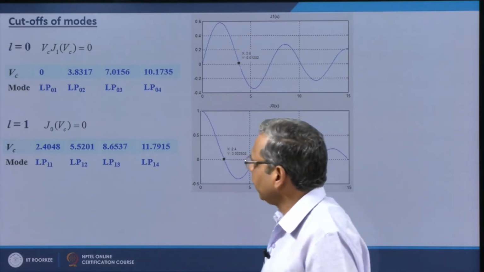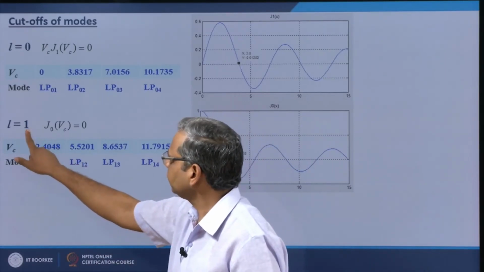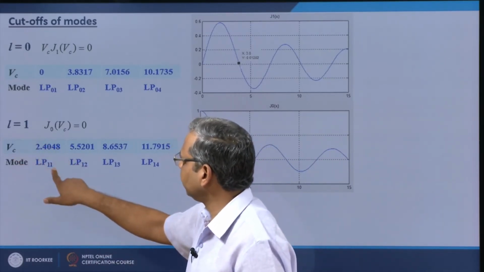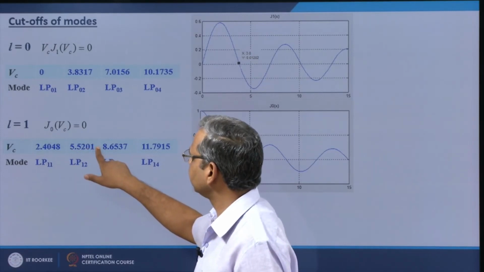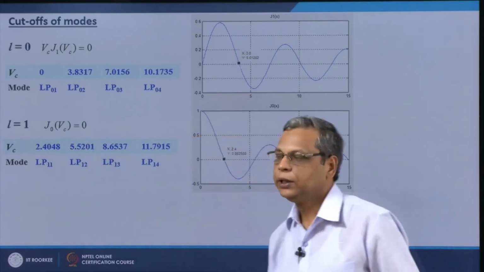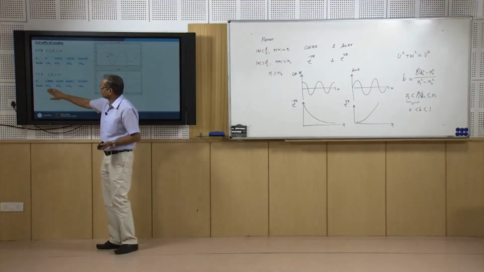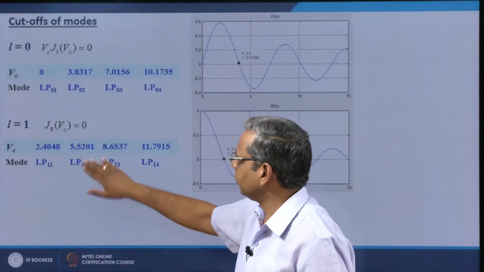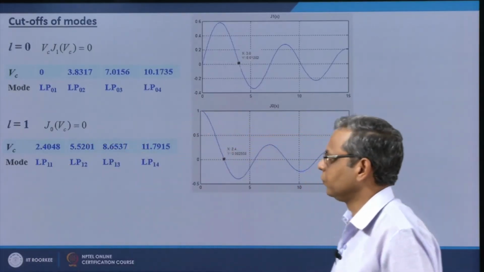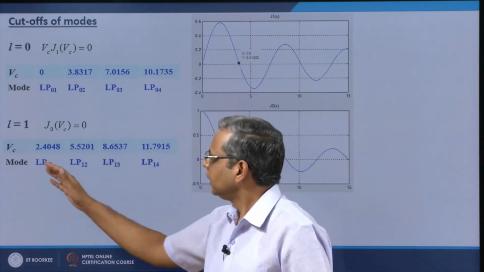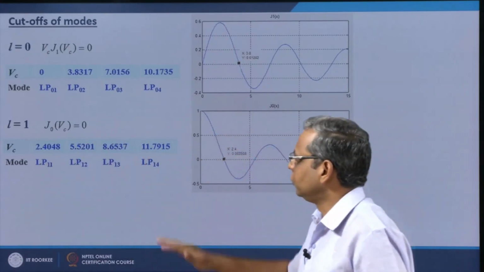So, you have L equal to 1, M equal to 1, LP11, L equal to 1, M equal to 2, LP12 and so on. So, you have the cutoff of LP11 mode this, LP12 mode, LP13, LP14. So, all LP1M modes you have here.